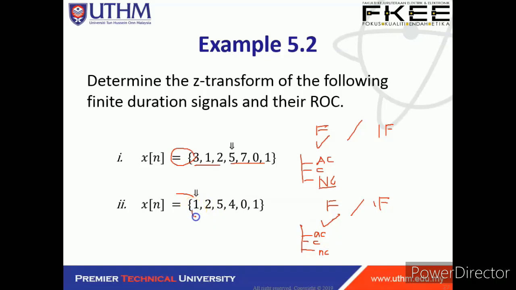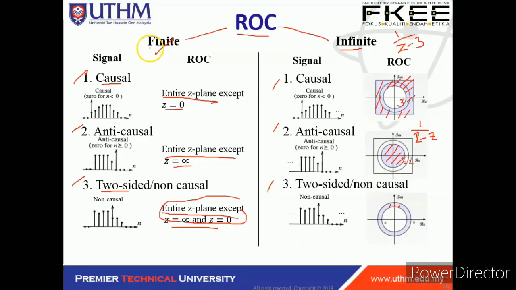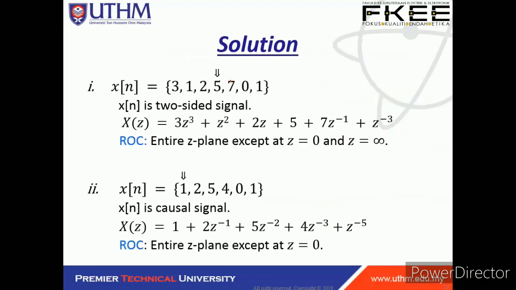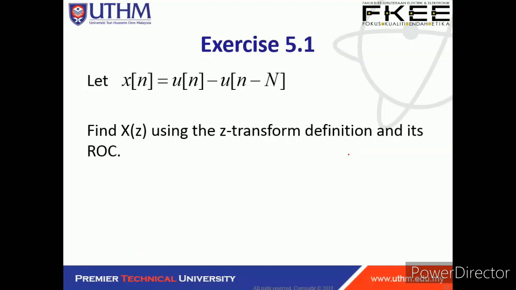Since our signal is in the positive range of n, it is a causal signal. So the ROC for the finite and causal is the entire z-plane except z equals 0. So this is the answer. Next is exercise 5.1.